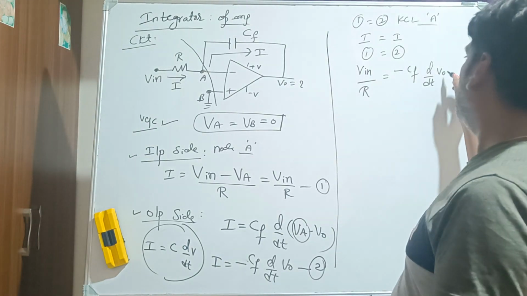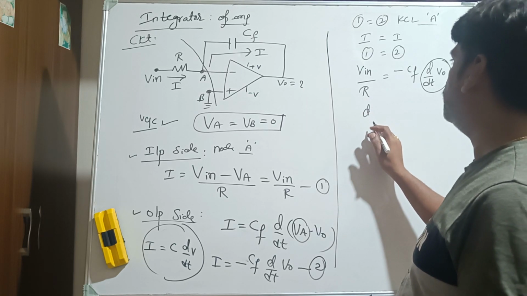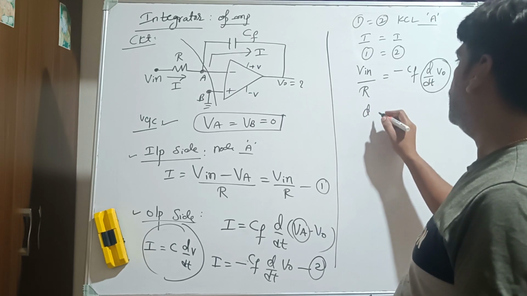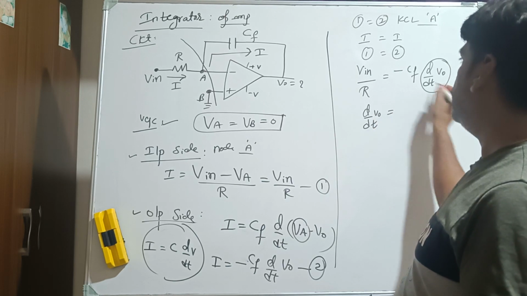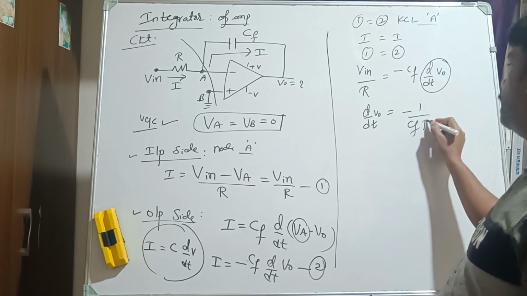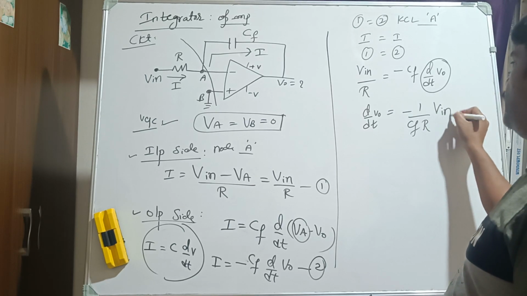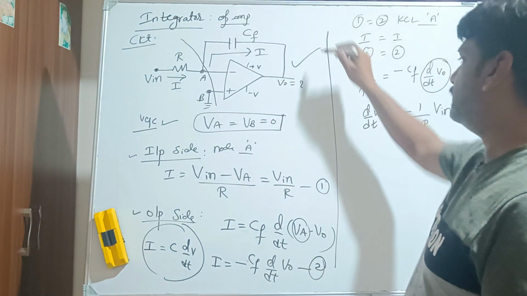Now I want this V output, right? So here what we can do is write d by dt of V output is equal to, you can move this, 1 divided by CF into R multiplied by V in. What should you get now? Integration. This is an integration circuit.